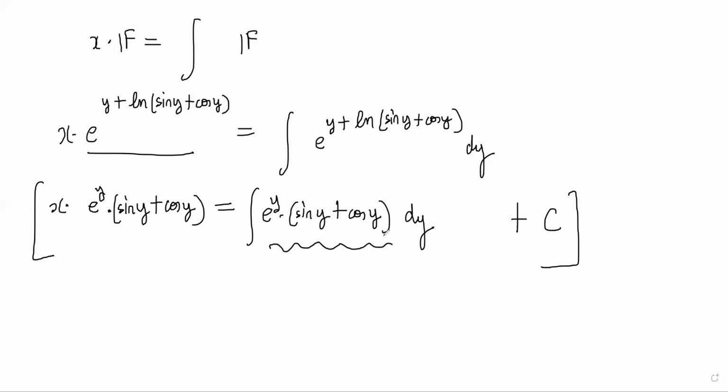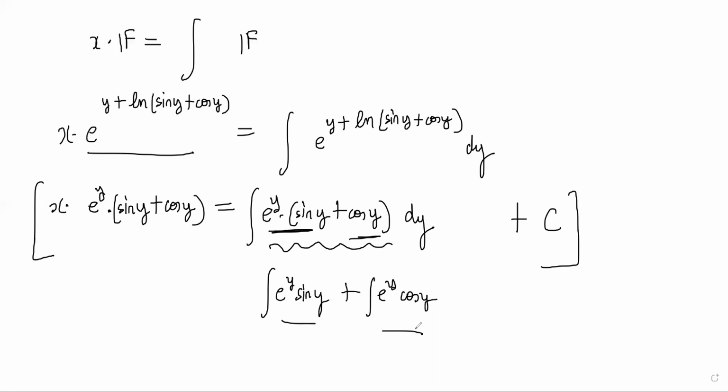This can be done by parts a little bit, or you can separate it out and separately do e power y sin y plus e power y cos y. These are both doable integrals.